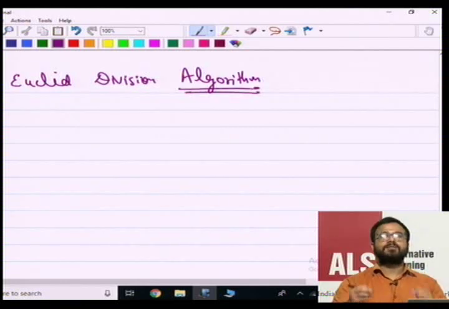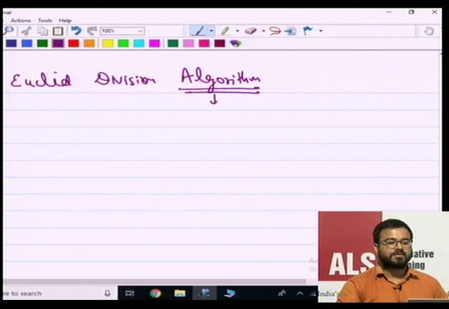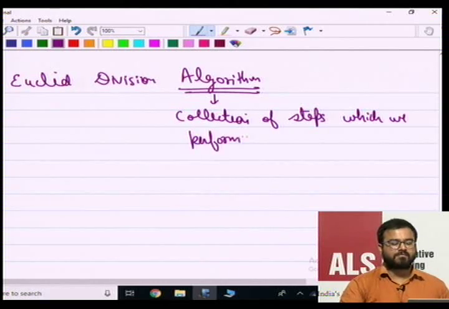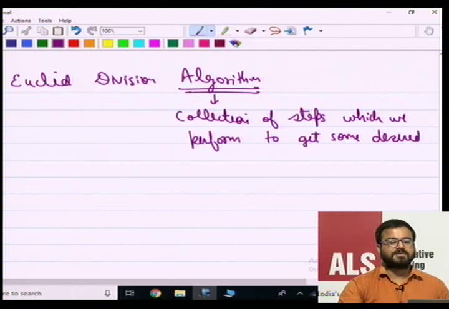An algorithm is nothing but a collection of steps which we perform to get some desired result.